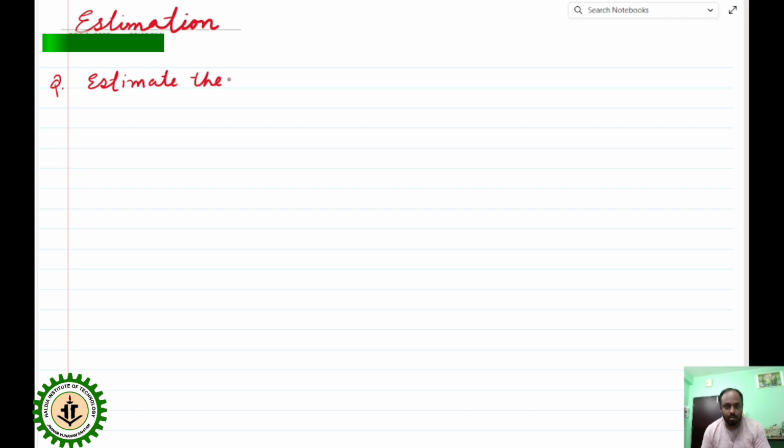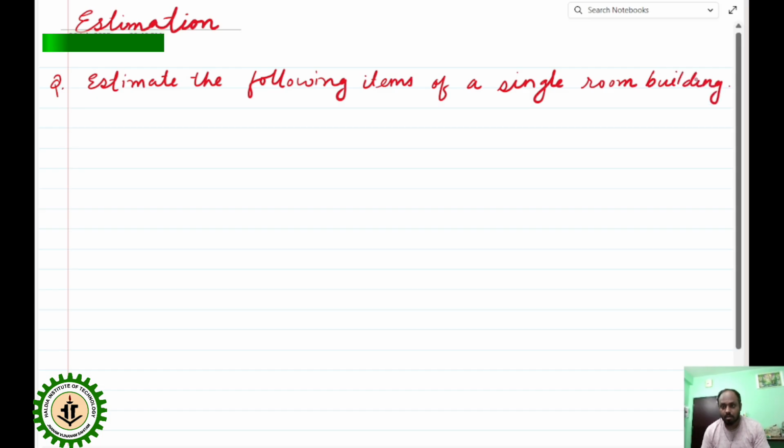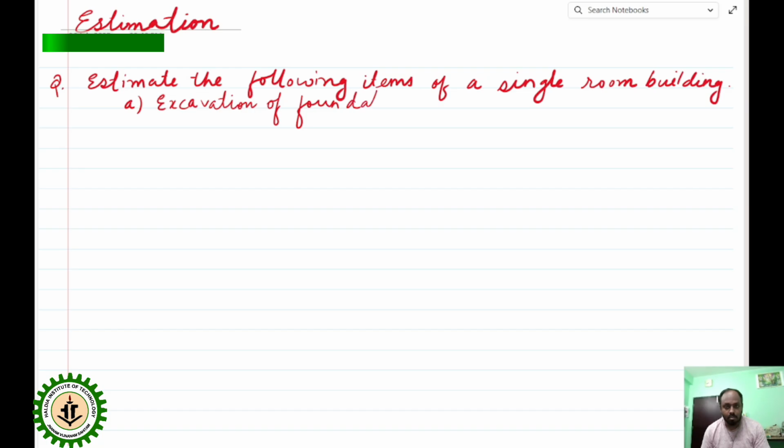Estimate the following items of work. Second is cement concrete.